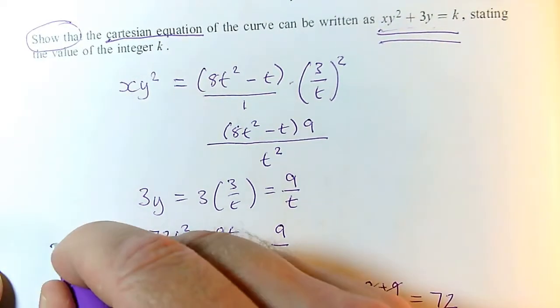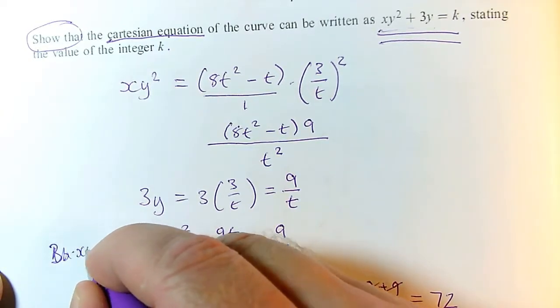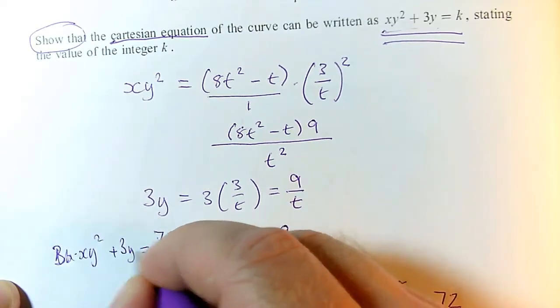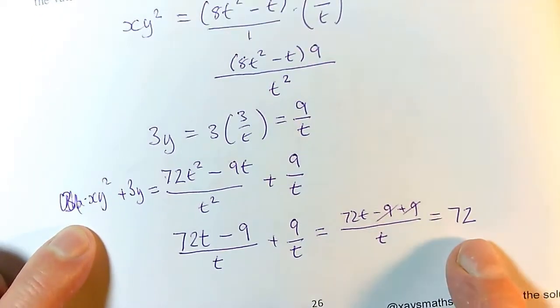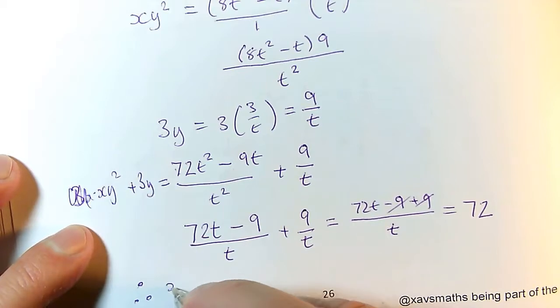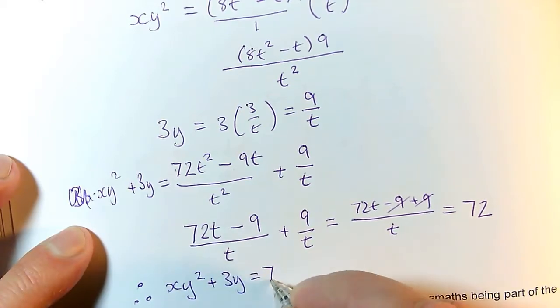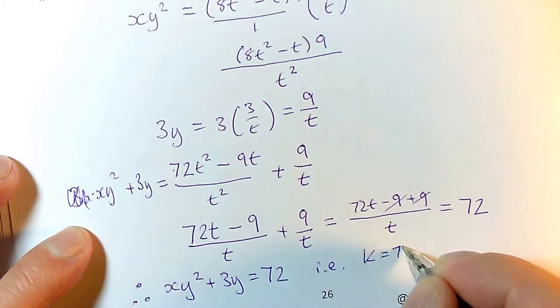So actually that would have been a good thing to write here. xy squared plus 3y is what I'm calculating on that line. Okay, and it turns out that it equals 72. So I can now write down that the Cartesian equation is xy squared plus 3y equals 72. So i.e. k equals 72.